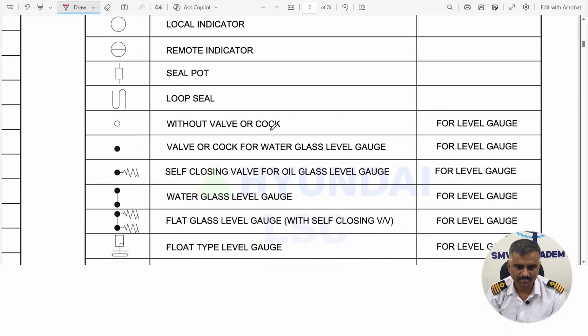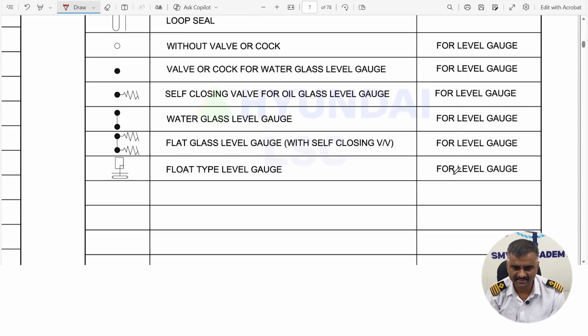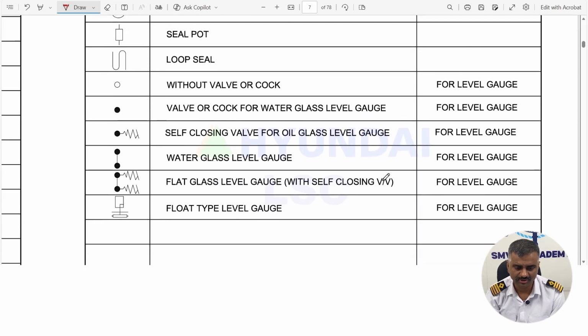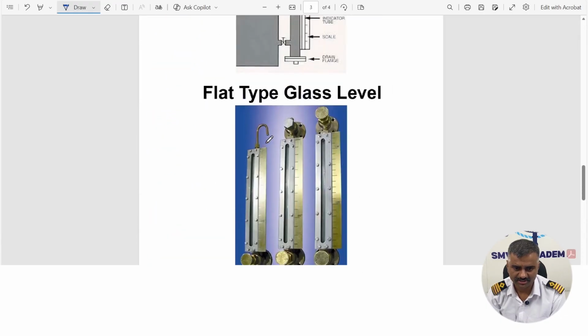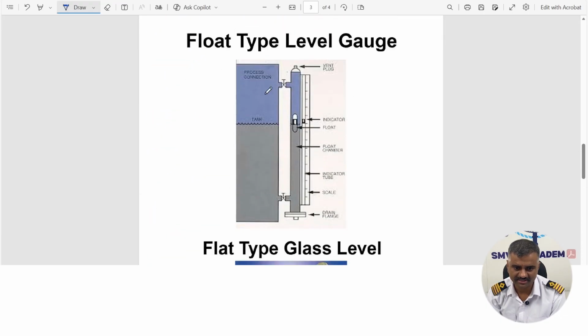Okay, without valve or cock for a level gauge. Basically these are all level gauges shown here. I'll show you one level gauge, and we will understand what a level gauge is like. This is a level gauge, basically a float type level gauge. Level gauges are installed on tanks for measuring the tank levels.